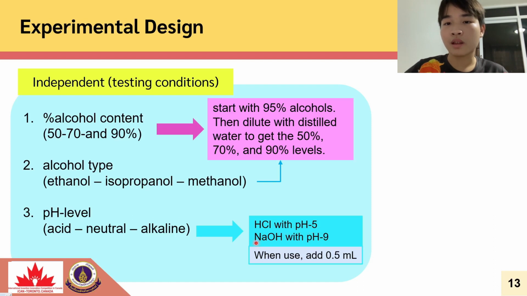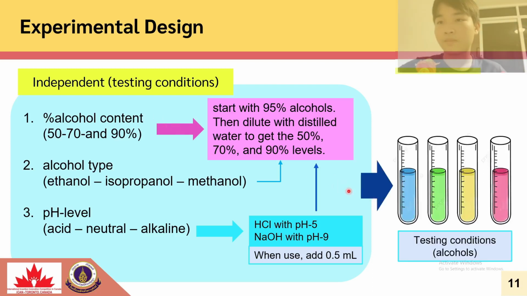Performing similar steps with sodium hydroxide, we eventually get sodium hydroxide at pH level 9. The dilute hydrochloric acid and sodium hydroxide are used to adjust the acidity level of the alcohols to be tested. Now, all the testing conditions are ready to be tested and observed.